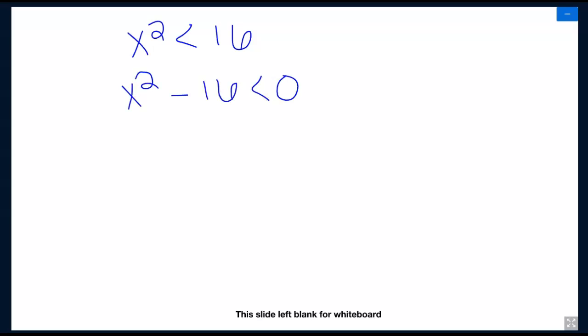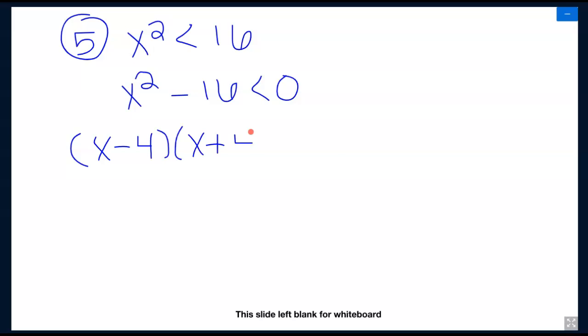Okay, let's talk about 5. We have x squared less than 16. So again, in order to solve these, we need them to be with respect to 0. Then we're looking for their roots. So that's x minus 4, x plus 4.